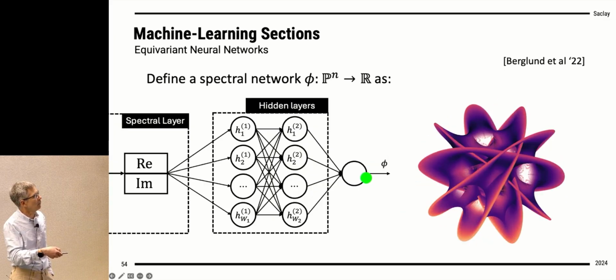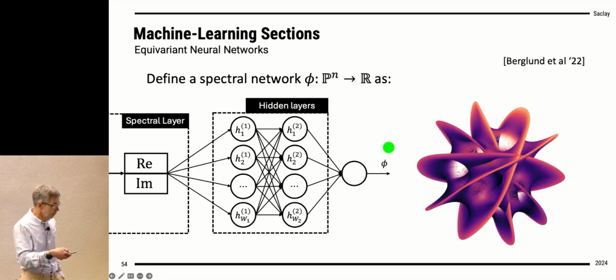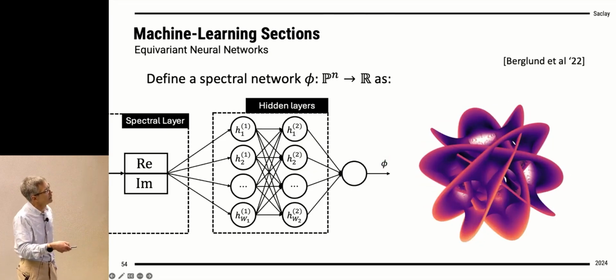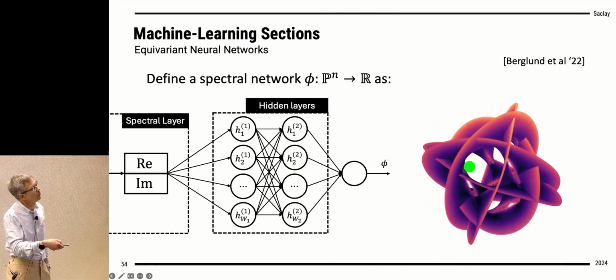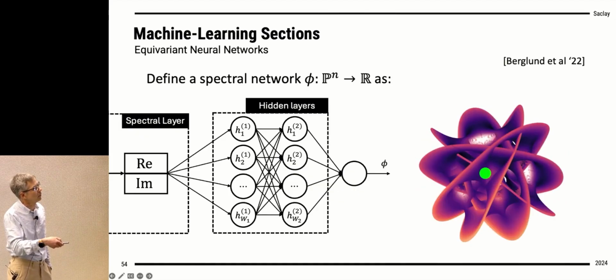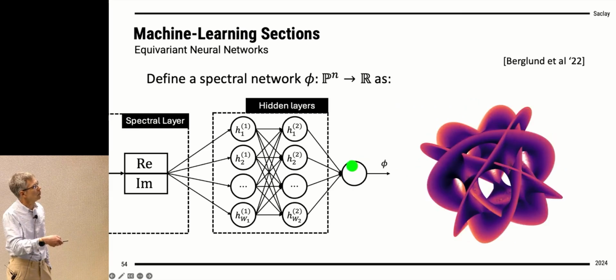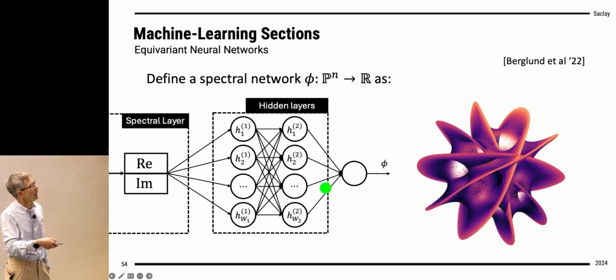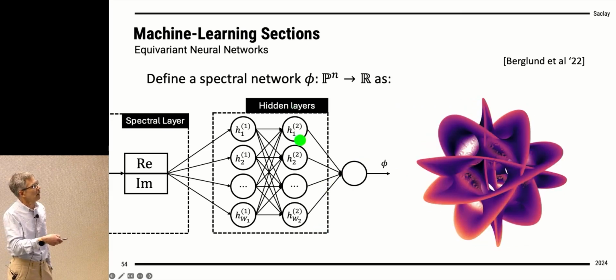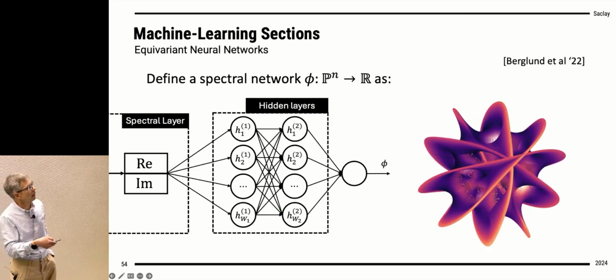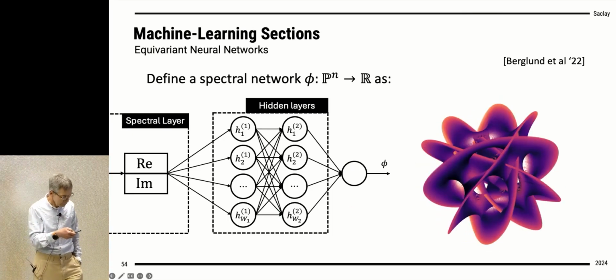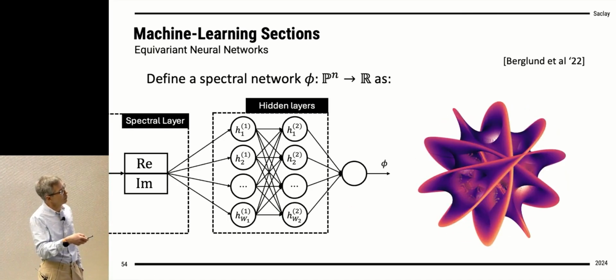Because we have at least a 3 complex dimensional space, you have to project down to a 2 real dimensional space to get a rendition. This phi is the solution, using the neural network, to the Ricci flat condition by solving the Monge-Ampere equation, from which we can construct the Ricci flat metric.